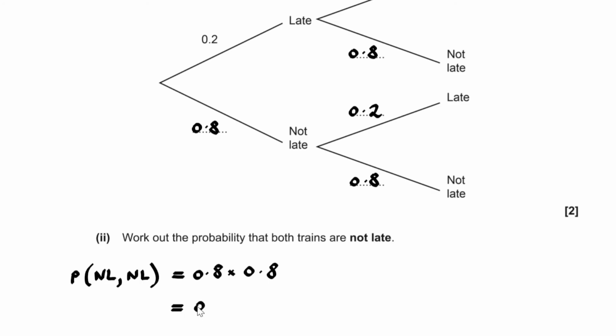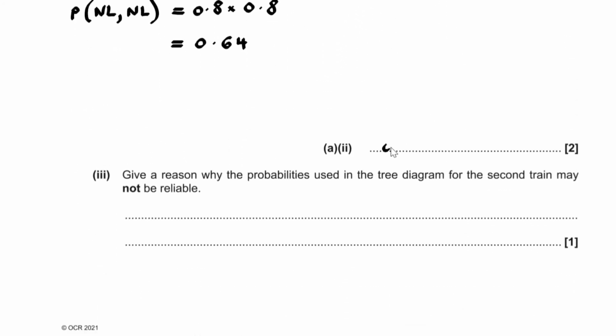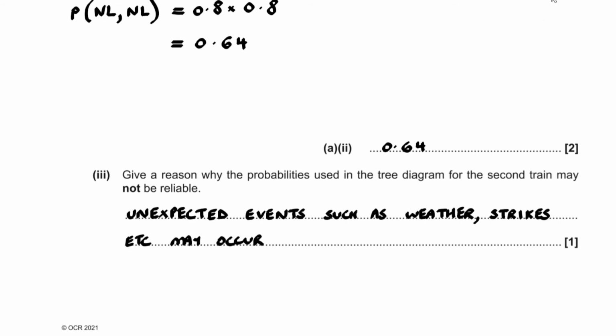It turns out we get 0.64. For the next part, we have to give a reason why the probabilities used in the tree diagram for the second train may not be reliable. Well, quite simply, unexpected events such as weather or train strikes may occur.